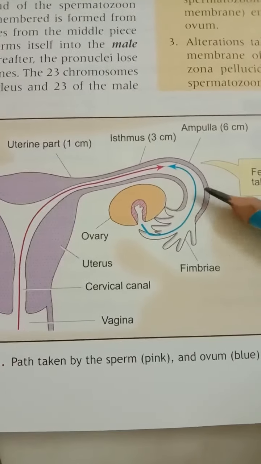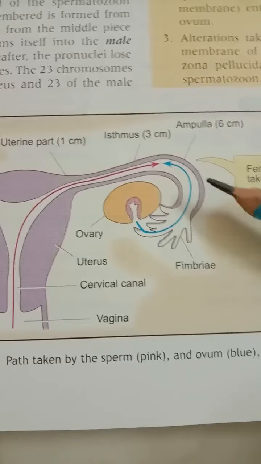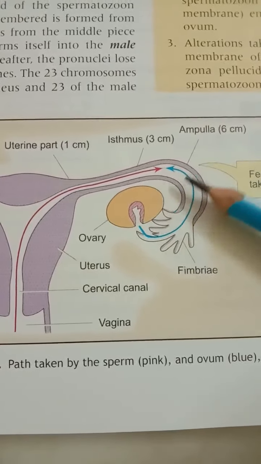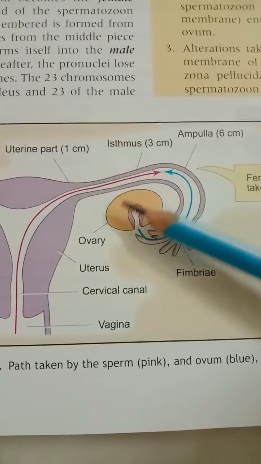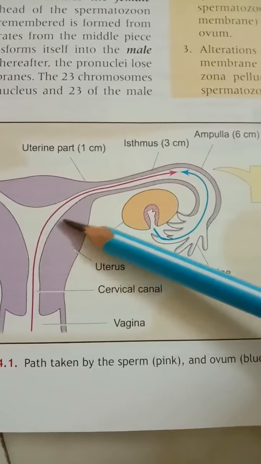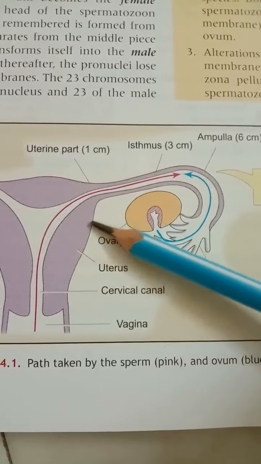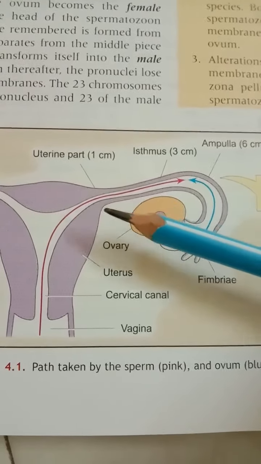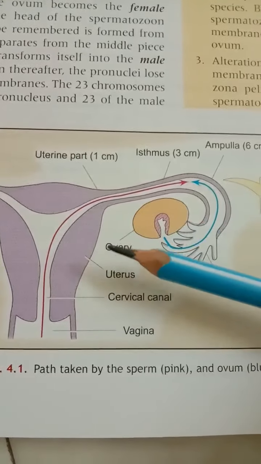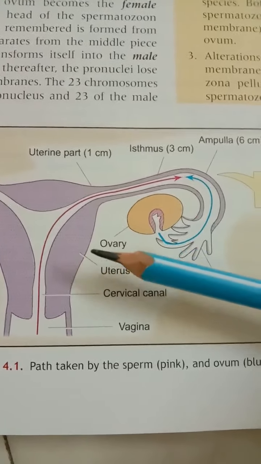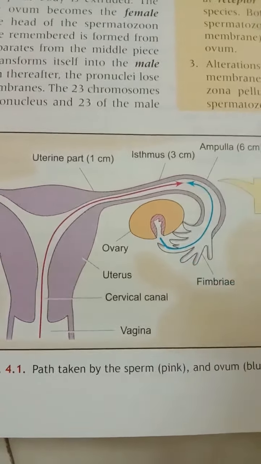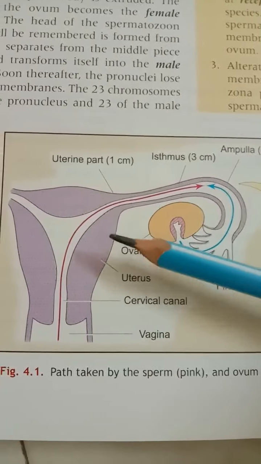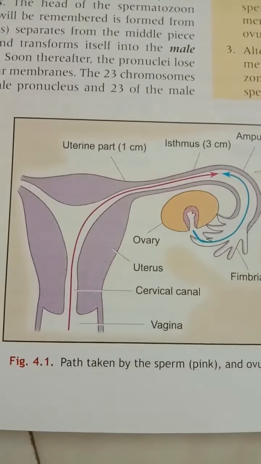If that happens, the fertilized ovum begins to develop into the embryo, travels through the uterus and gets implanted into the posterior wall of the uterus. On the other hand, if the ovum or the secondary oocyte is not fertilized, then it dies in 12 to 24 hours, and then it passes through the uterus into the vagina and gets discharged.